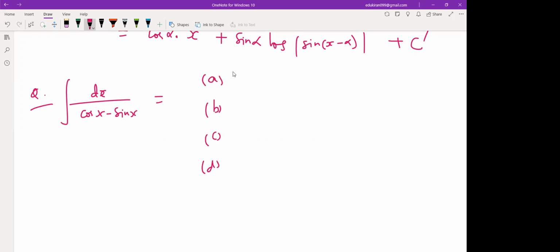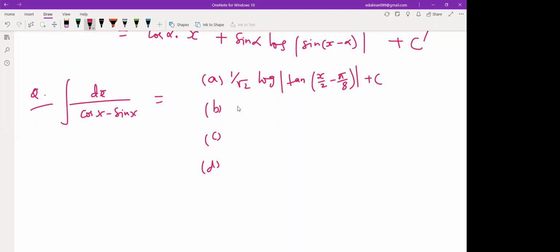Because options also help you in thinking now. Option one: 1 by root 2 log tan x by 2 minus pi by 8 plus c.